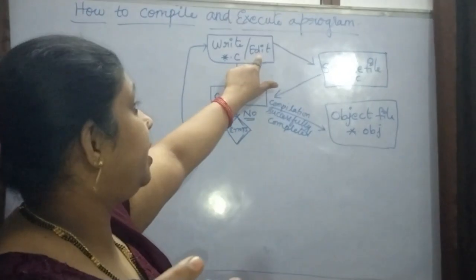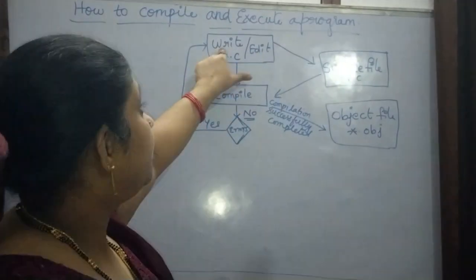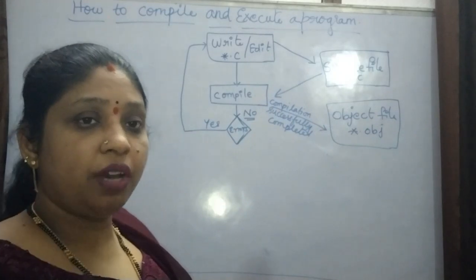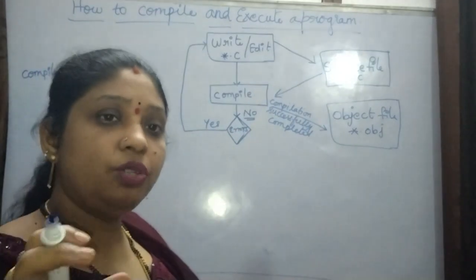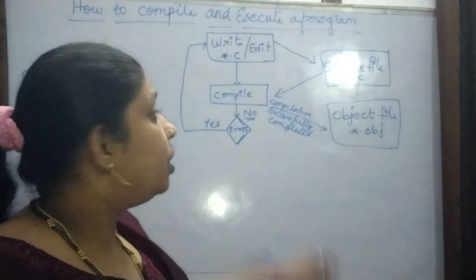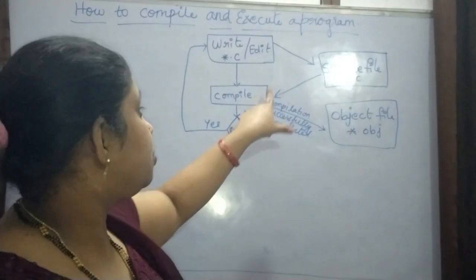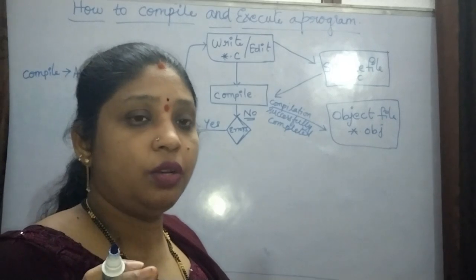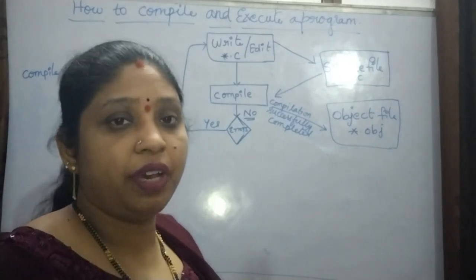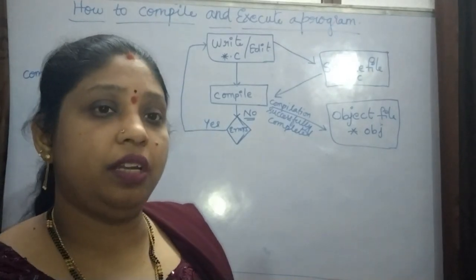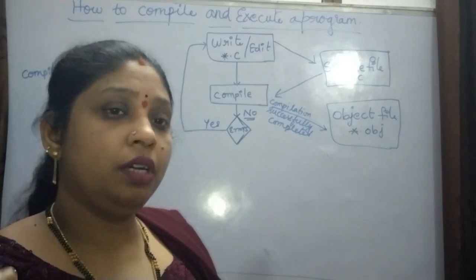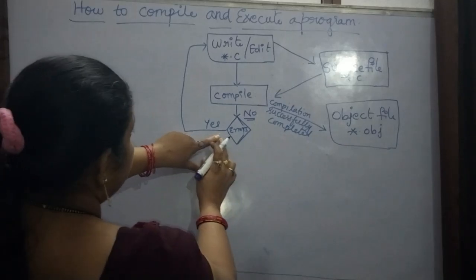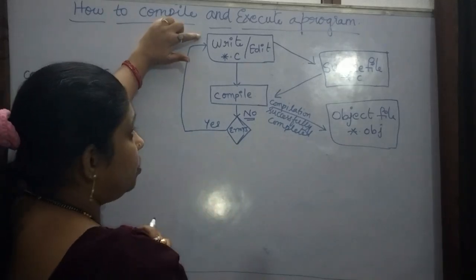That's why I have written edit here. Editing is, suppose you have errors, and if you want to solve them, you have to go to the source code again. So you have to go to the edit option, enter into the file, check the errors, and solve the errors. So one time it goes to the main source code again.